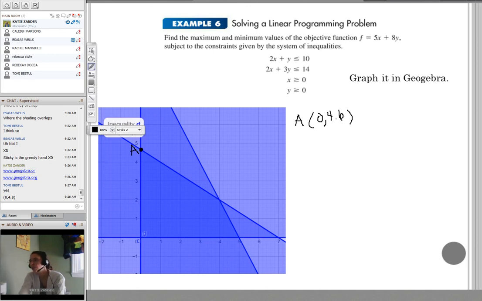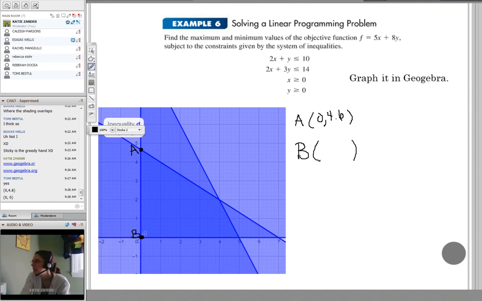If I look at that, it's pretty close to a 4.6. We have another corner point, and I'll do the easiest one here to identify, B. Where is corner point B? 0, 0. This one's pretty easy too. We'll do C.